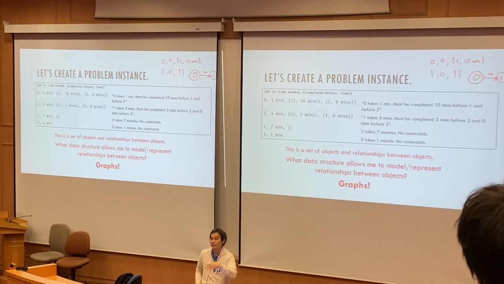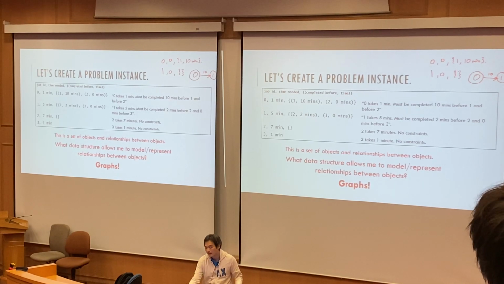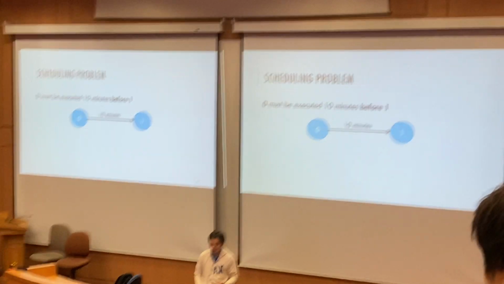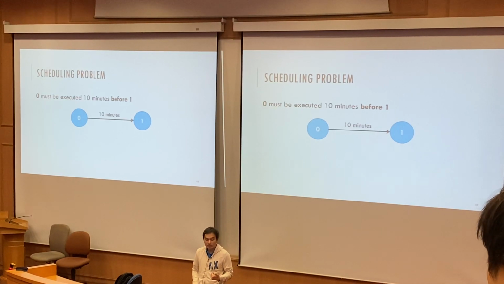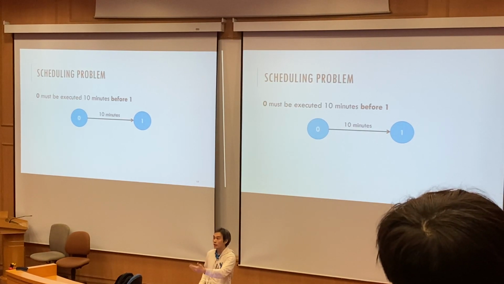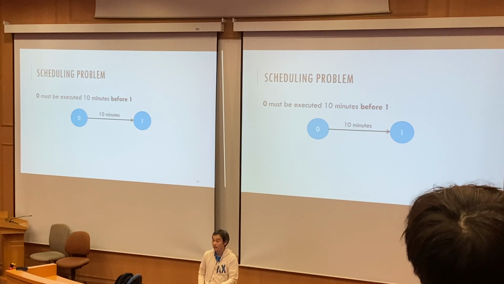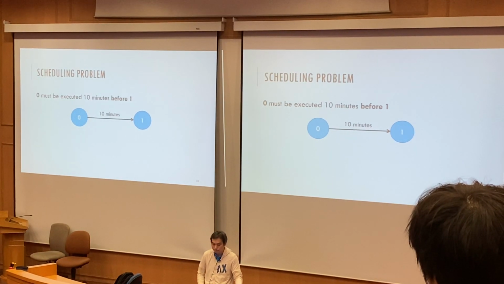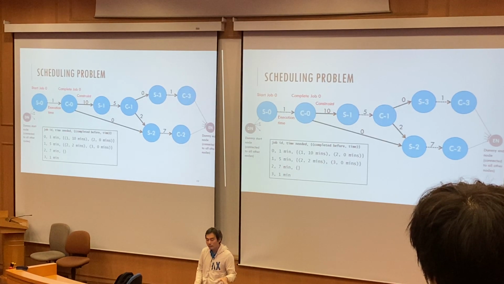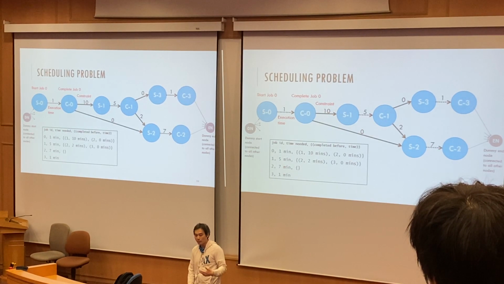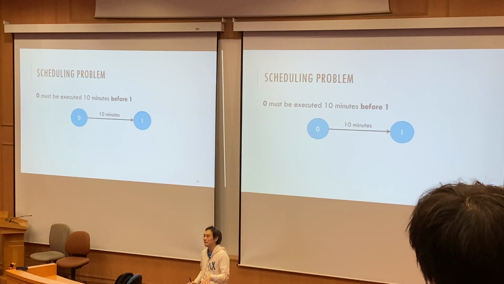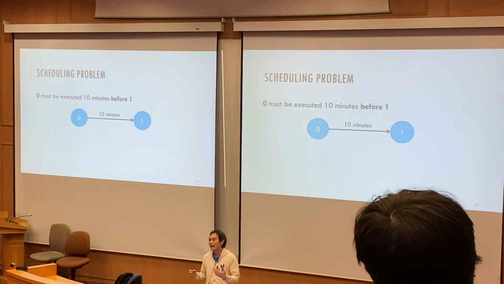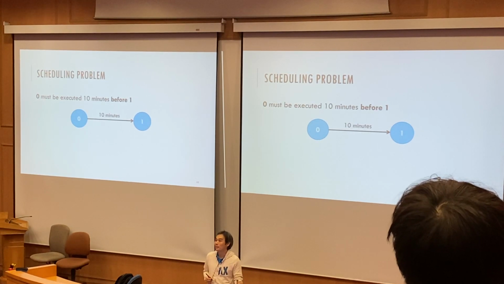This constraint is represented by an edge weight. So job 0 must be executed 10 minutes before job 1, in this particular situation, if it takes 0 amount of time. We can extend this idea to a more complicated setting, but let me take it a step at a time first. Now let's say job 0 takes 5 minutes to complete.